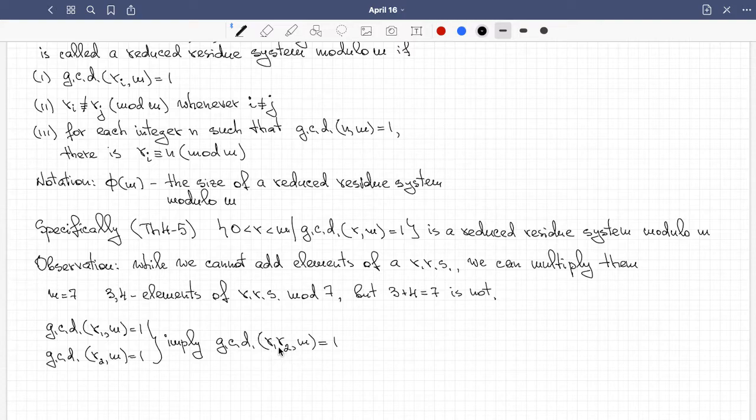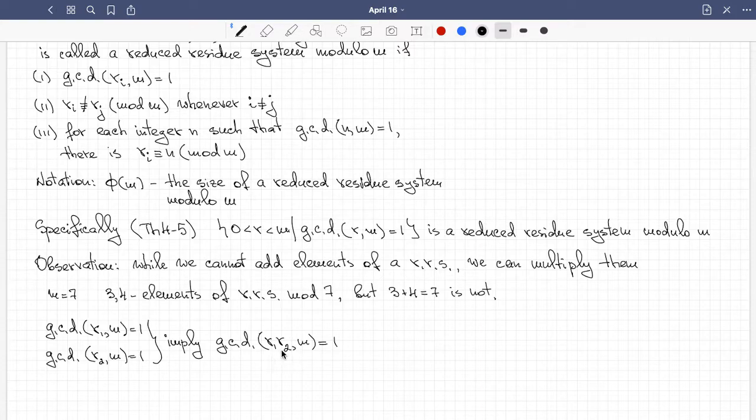It may be one of them, may be different, most probably different, but still it is an element of the same reduced residue system. The difference is drastic. Here, the sum is not an element of the reduced residue system, the product is.